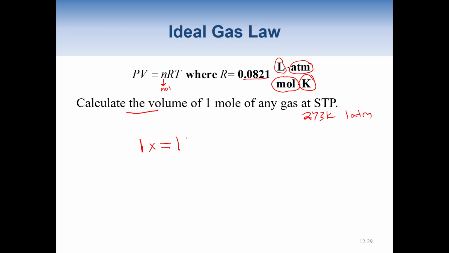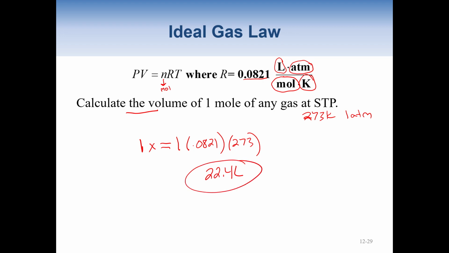R is our constant, so we're going to just put 0.0821. And T is our temperature, 273. So now we can solve for X. 0.0821 times 273 is 22.4 liters.